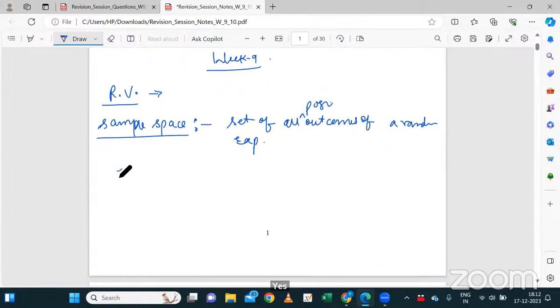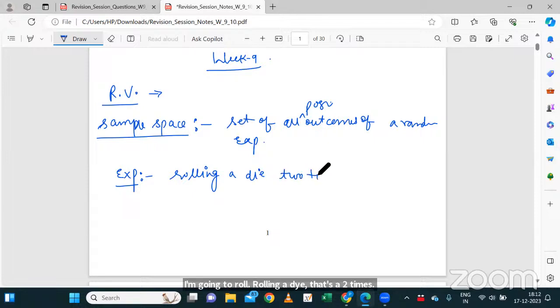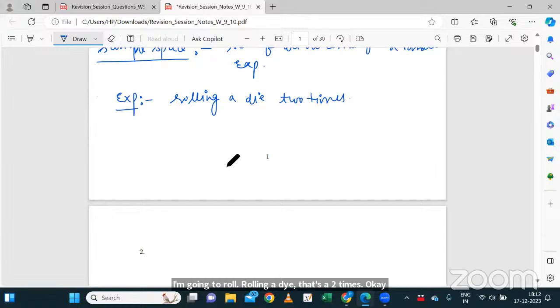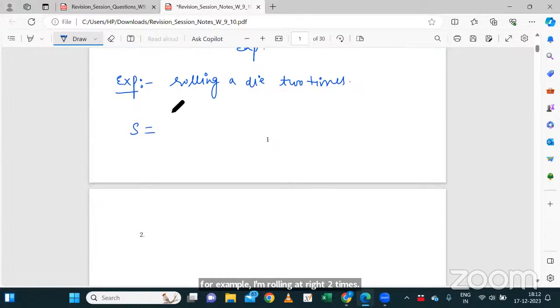Suppose I'm going to do an experiment: rolling a die 2 times. Then what will be my sample space?